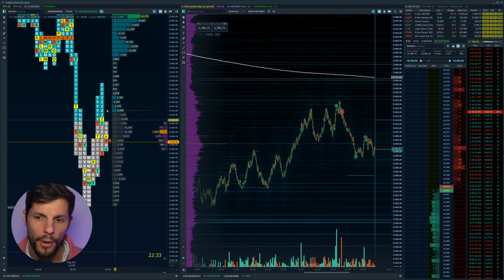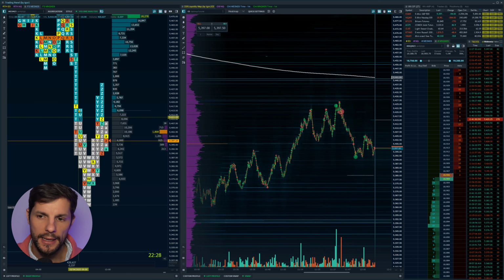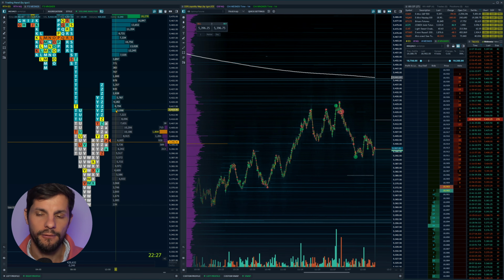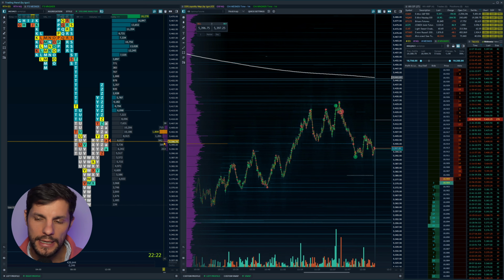So I'm looking at both value for TPO, so that market sentiment, and then value for volume, the value area, as well as, look at that, on the right, the 30-minute auction. Super important. But TradingView with that template that I created for you is very much the same, and you can get the same information from it.